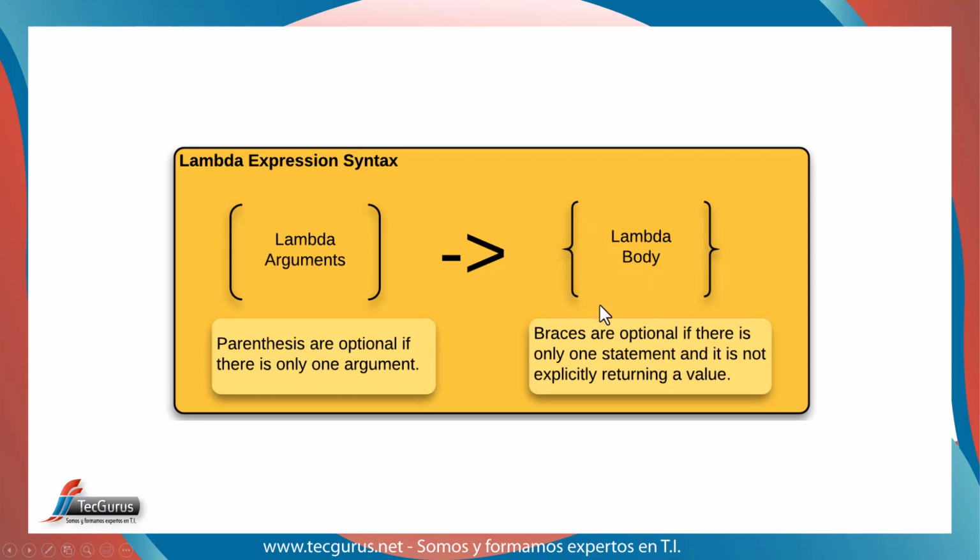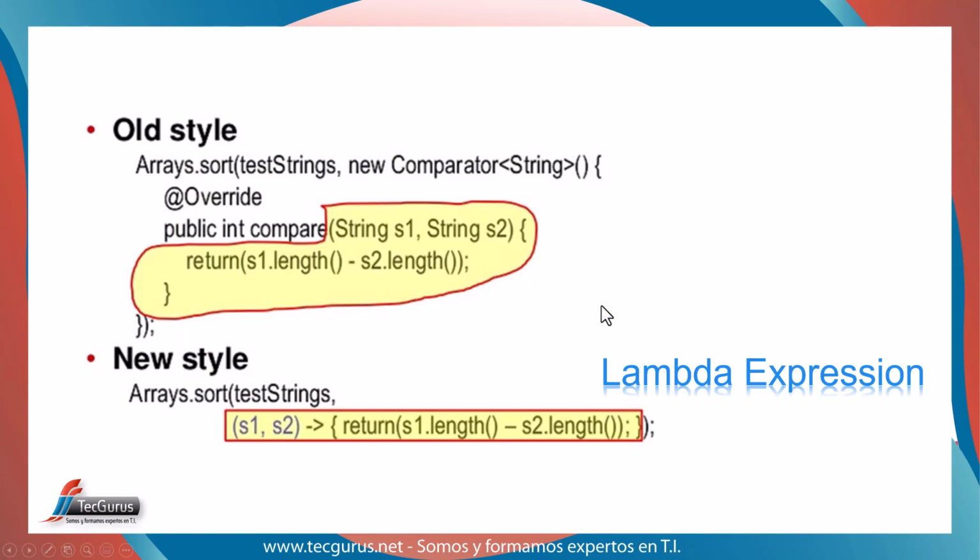If we look at it in a more practical way, when trying to sort an array of strings, I can use my sort method from my Arrays utility. In this case, I pass my array of strings as a parameter and then indicate to Java, through a comparator implementation, what my sorting criteria for my strings is.